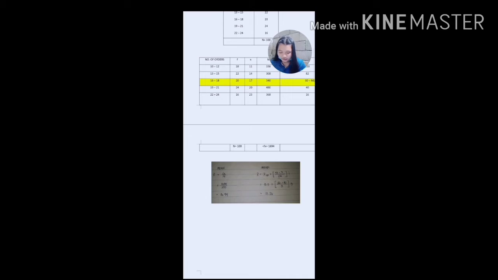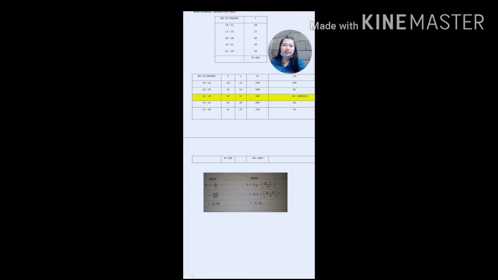After that, get the lower boundary of the median class so that we can solve for the median. The lower limit is 16, so 16 minus 0.5 equals 15.5. So our lower boundary is 15.5.